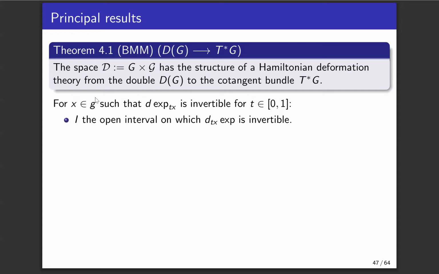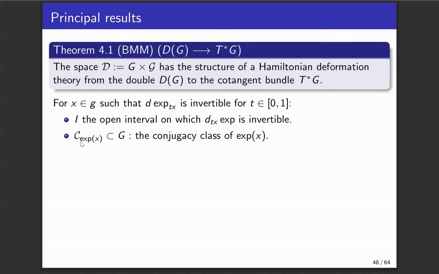So if we take some element x in the Lie algebra of the Lie group, such that the exponential is invertible for any t in the open interval (0,1), and we take the image of x by the exponential map, and consider the conjugacy class of the exponential, which is a subset of the Lie group itself, and then we take the coadjoint orbit of x, which is a subset of the Lie algebra of the Lie group, we recall that the conjugacy class of the exponential is a G quasi-Hamiltonian manifold, and the coadjoint orbit is a G Hamiltonian manifold.